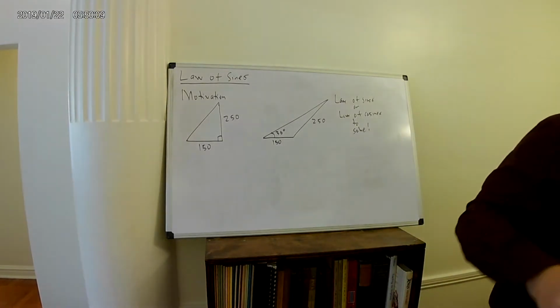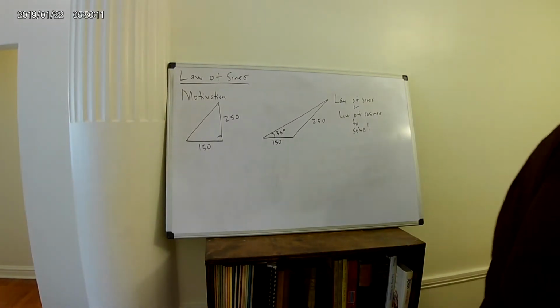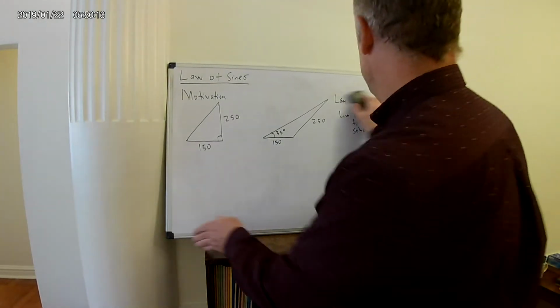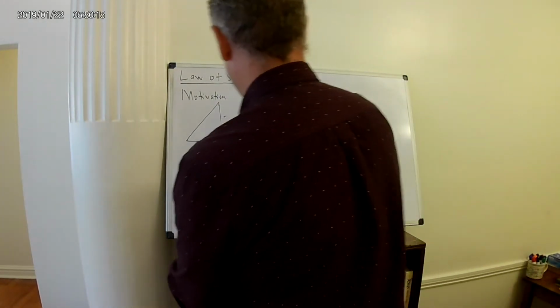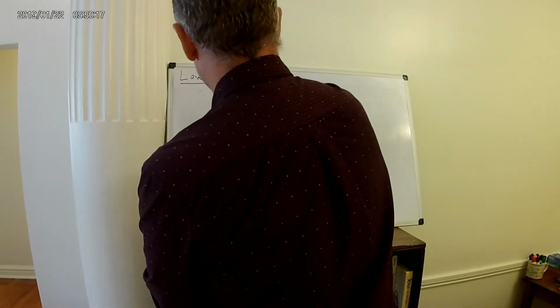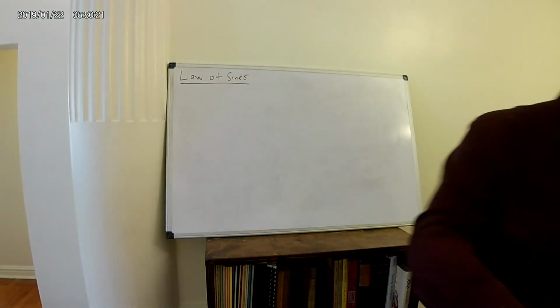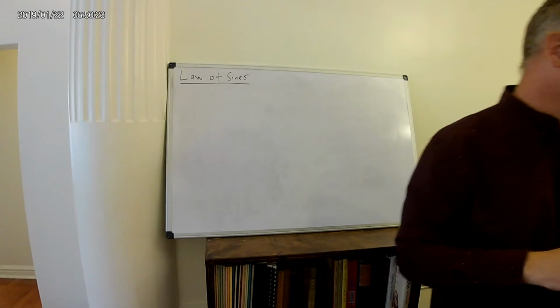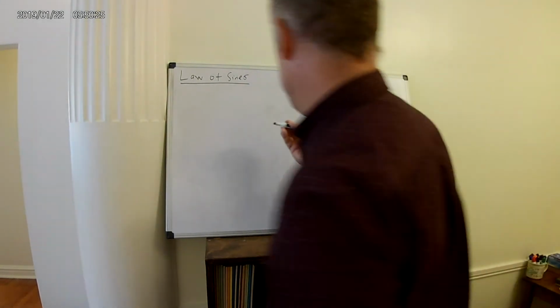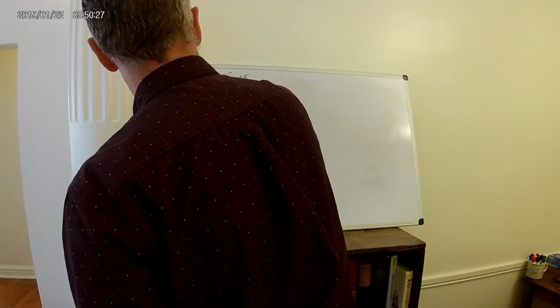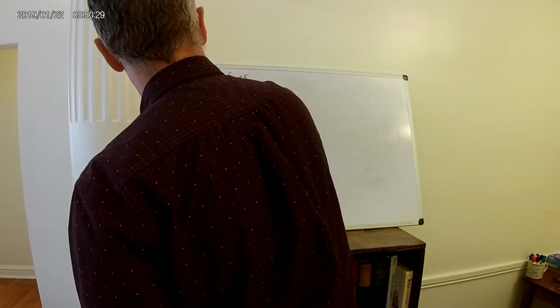So that's the motivation. What I'm going to do now is I'm going to derive the law of sines. And you aren't really responsible for this on a test, but it's a nice little derivation. It's good just to see it. So what I want to do is prove the law of sines. So this is the proof or derivation of the law of sines.